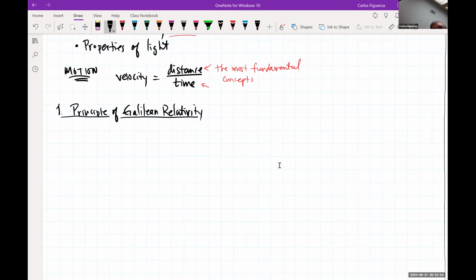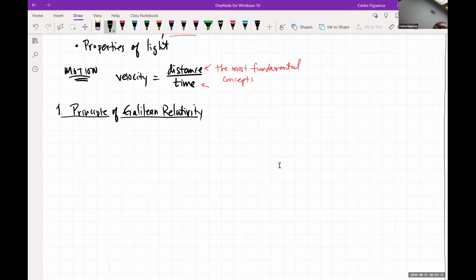Well, that's actually not true. Newton is the one who wrote this stuff down, but Galileo had intuition about this. He wrote a little bit about it, but it is really Newton who nailed it down.